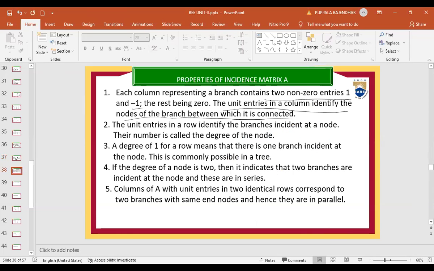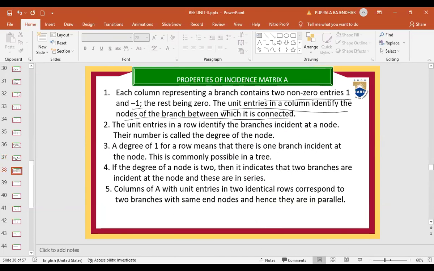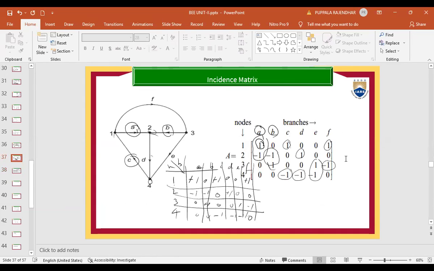And these unit entries in a row identify the branches incident at node, and their number is called the degree of the node. ఇక్కడ at node 1 ఎన్ని ఎలిమెంట్స్ కనెక్ట్ అయ్యాయి? 3.